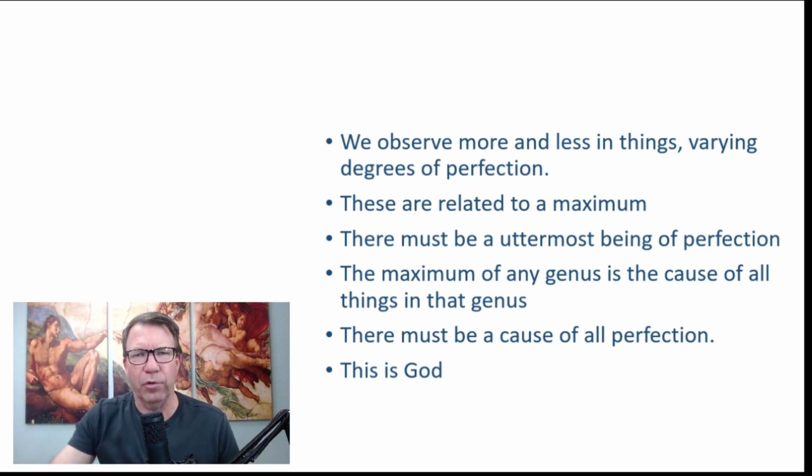And he says there also must be an uttermost maximum being of perfection. So all these perfections must be based on some great perfection out there, that is the perfection of all the perfections. And he says this absolutely perfect being, which is the ultimate perfection of all things, is God himself.